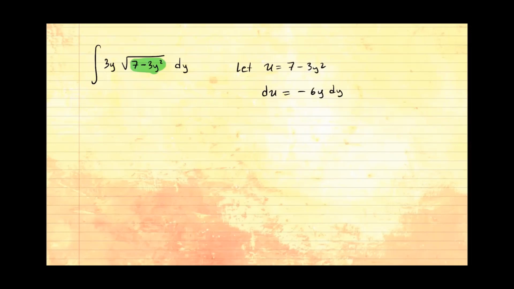Now let's check what we have in the integral. I know this is going to be U, but what about the rest? Well, I needed 3y dy to replace those factors from here. So how do I make this expression look like 3y dy? You divide by negative 6y on both sides.